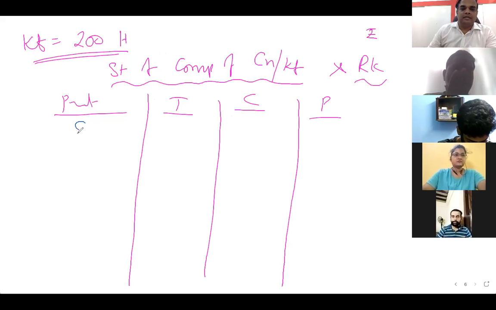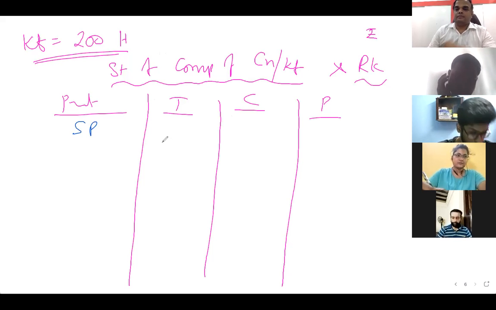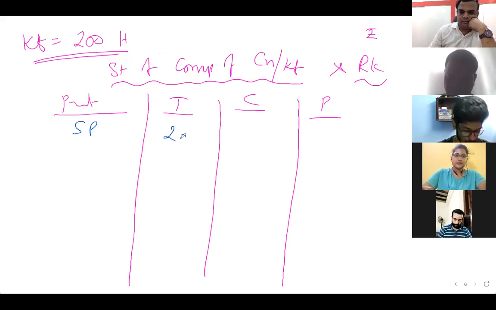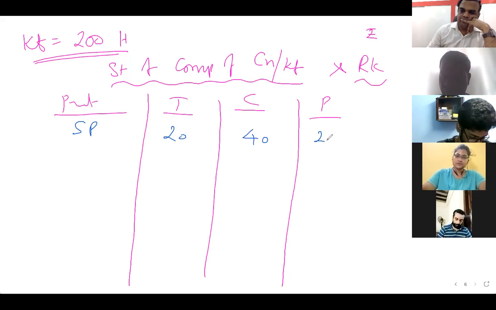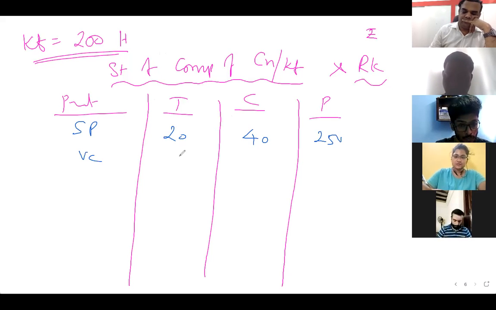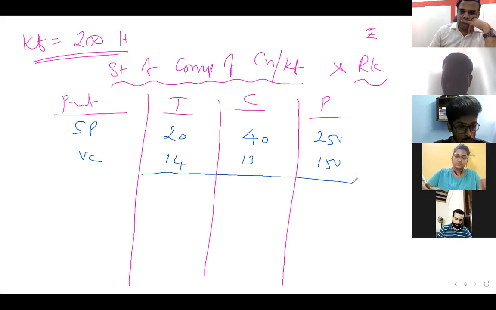The selling price of tea, coffee and pepper: 20, 40, and 250. Variable cost: 14, 13, and 150.